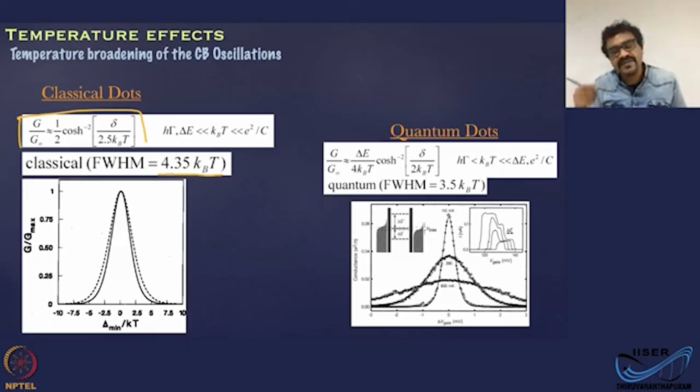So just by varying the temperature, and you take the Coulomb blockade oscillation and fit using the formula, you can calculate the temperature very accurately for these devices. Okay, and this is a valuable tool because the temperature of the equipment that you are using to measure these quantum dots, generally these measurements are done at low temperature.